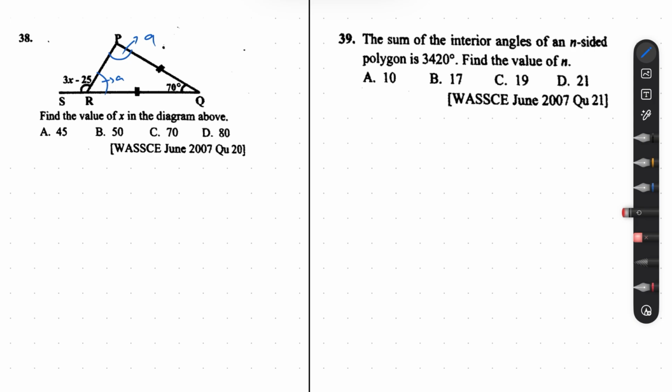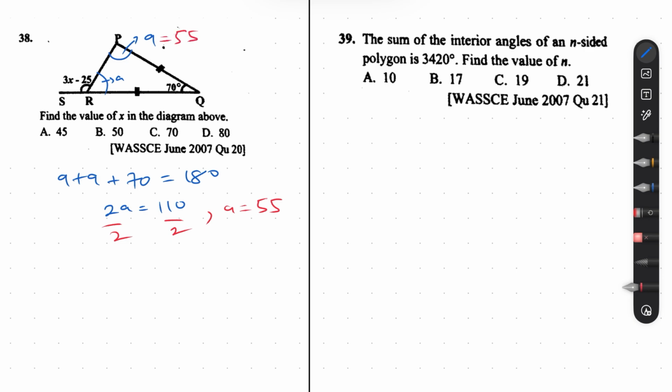Also in a triangle, the angles add up to 180. So when we add A plus A plus 70, we should have 180. So 2A is equal to 110. If we divide both sides by 2, we have A to be 55. So we can put it there, 55.